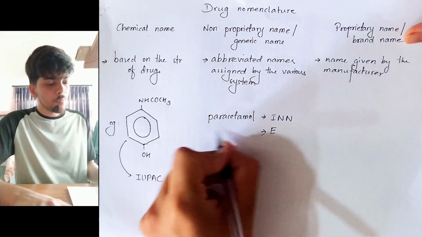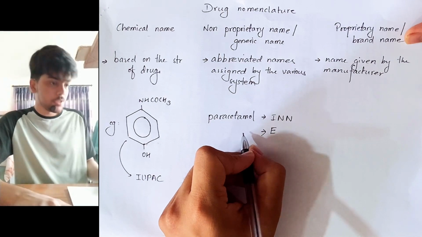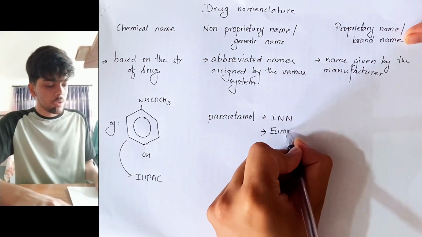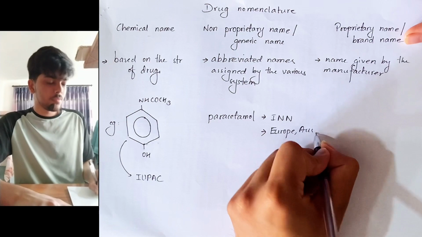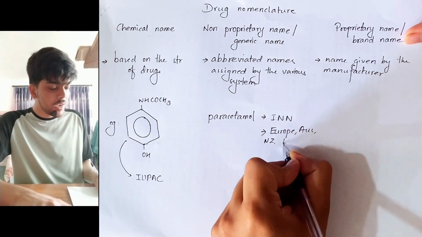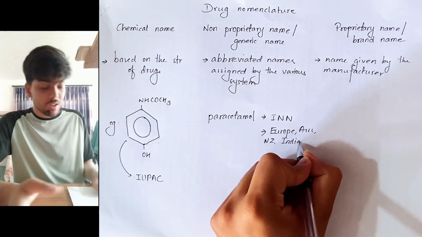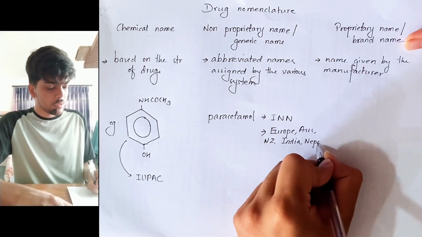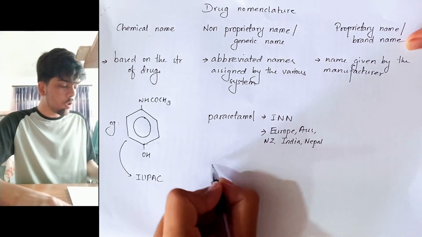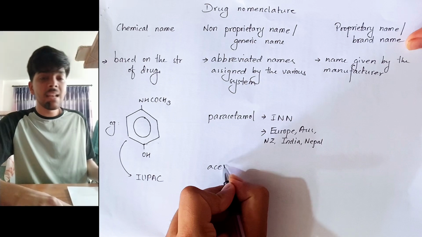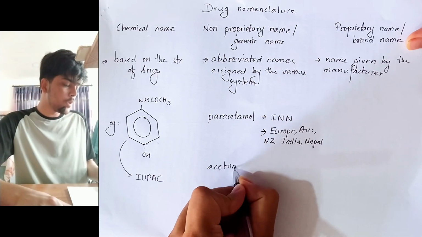The generic name paracetamol is used in Europe, Australia, New Zealand, India, and obviously in Nepal as well. Similarly, the same drug is also given the generic name acetaminophen.